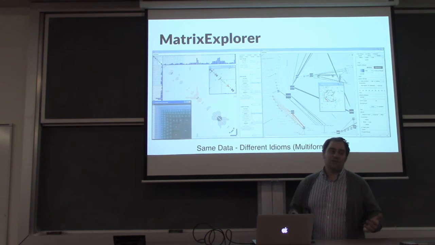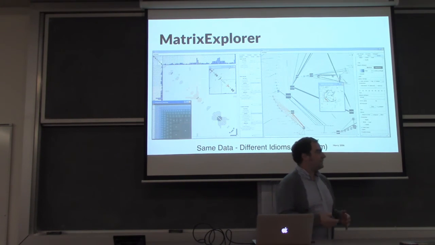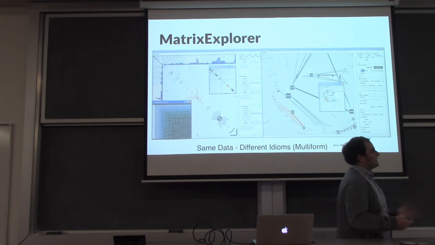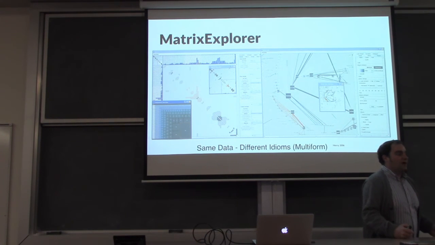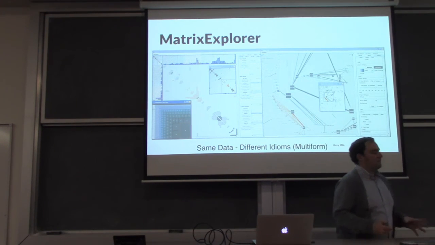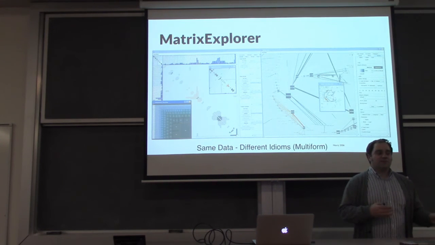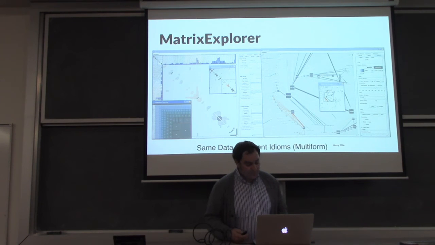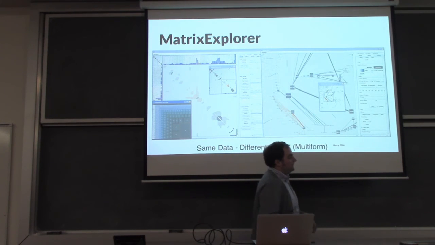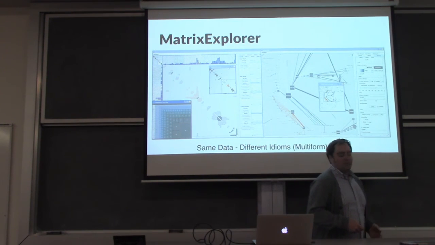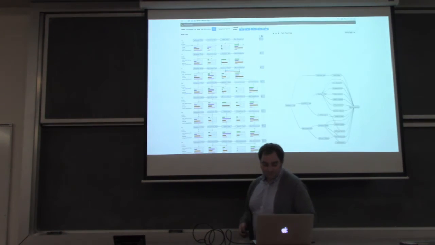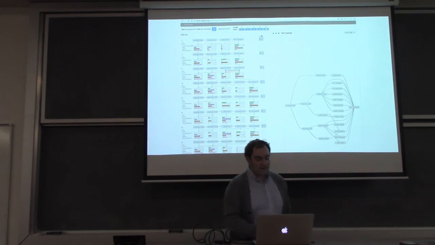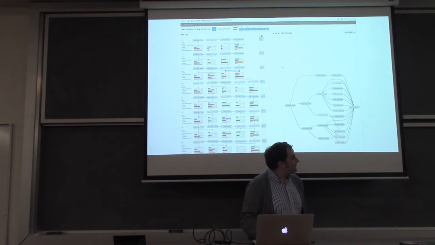Matrices are great for visualizing edge attributes, for example. Node-link diagrams are good for visualizing the topology of a network. If you show both at the same time with synchronized highlighting, you could leverage the benefits of both. So you have the same data with different idioms or visual encodings. That's what's multiform.